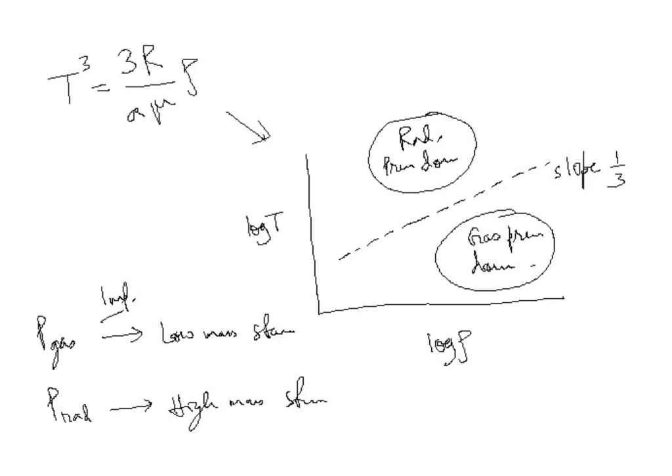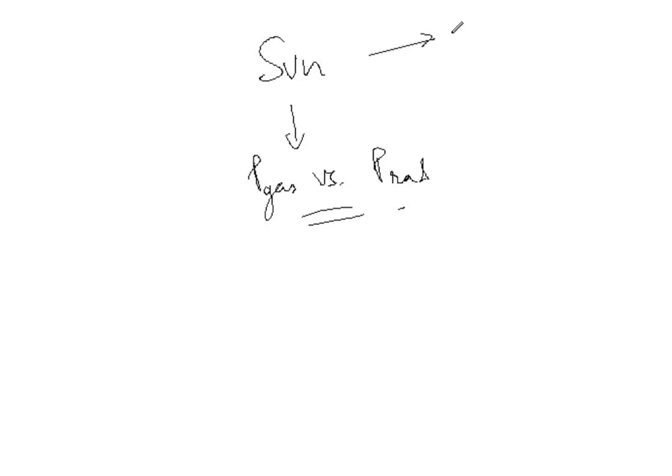Fine. Now, let's see what happens in the case of our sun. For the sun, let us ask this same question: gas versus radiation, which one is dominating? To do that, we first have to write down the various conditions for the core of the sun.